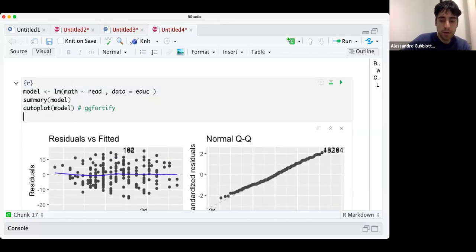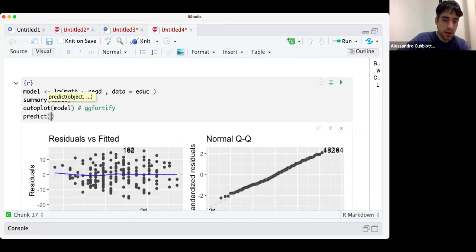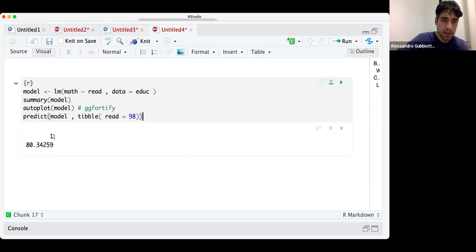And we can also do predictions. Using this model, we can predict, let's say, a student that takes a reading score of 98. What is the math score?